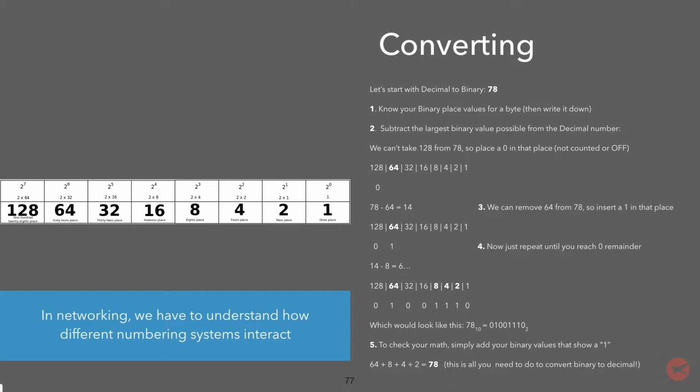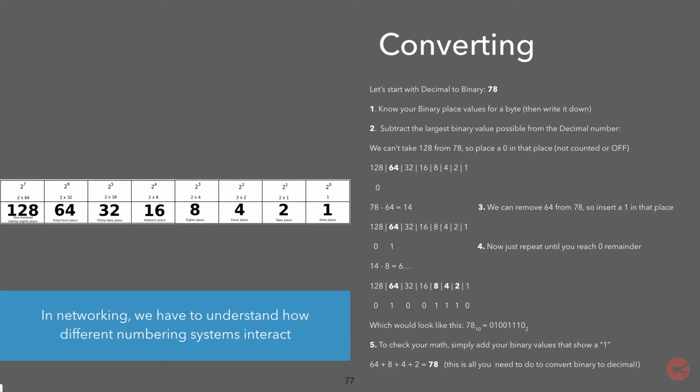The crux to all of this is really knowing the placement values. And then all you need to do is follow the simple steps. With a little bit of practice, you should get the hang of this pretty quickly. It's really important that we understand the basic structure of binary, especially within the context of a byte, because we're using other numbering systems in networking that we'll be exposed to later that extend this a little bit.